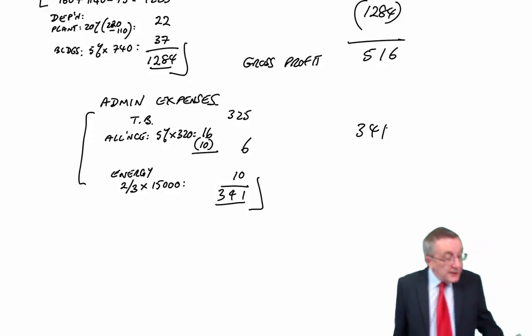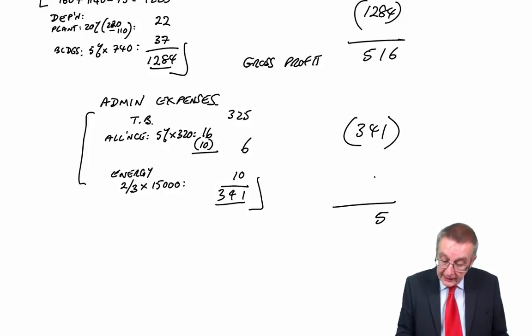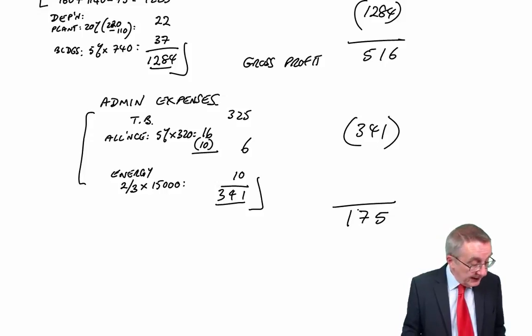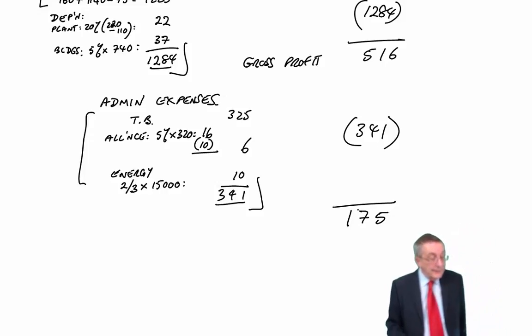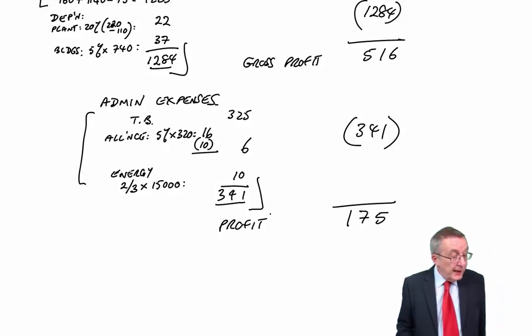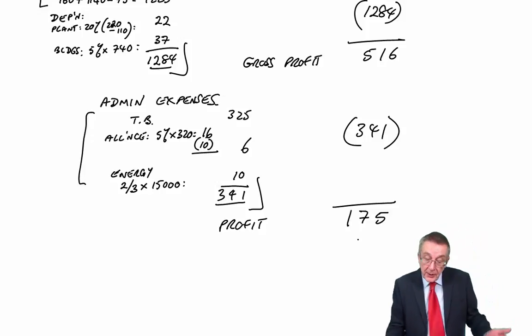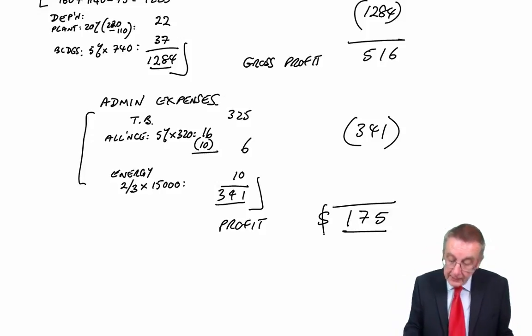There could have been selling and distribution, but there aren't. And so that brings the profit down to 571 75. The only other thing that you'd expect would be tax, but there's no mention of tax, and so there we are. That's the end of the statement of profit or loss.